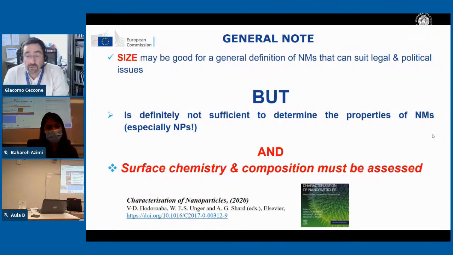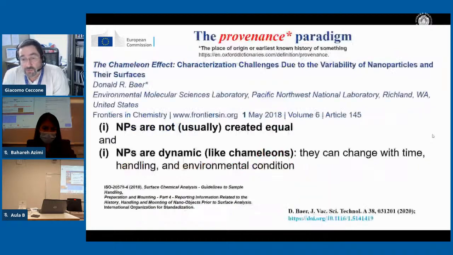And surface chemistry composition must be assessed. In this respect, I can give you this title, Characterization of Nanoparticles, where I contributed, edited by Elsevier, published at the beginning of this year, where a lot of scientists contributed on different techniques to analyze nanomaterials and nanoparticles, including surface analysis.